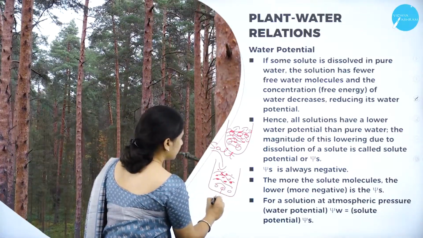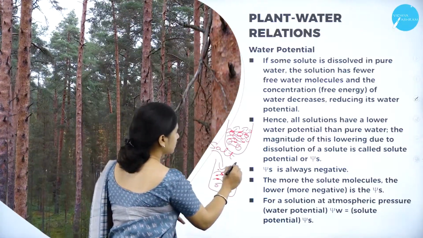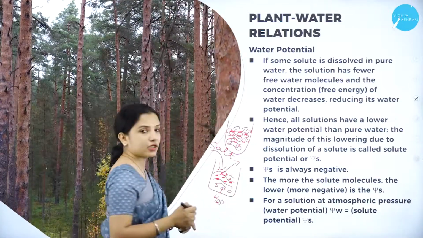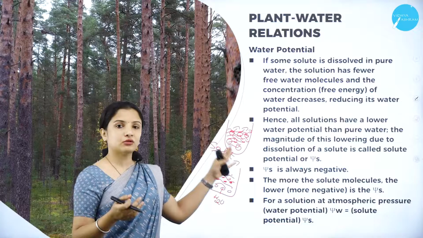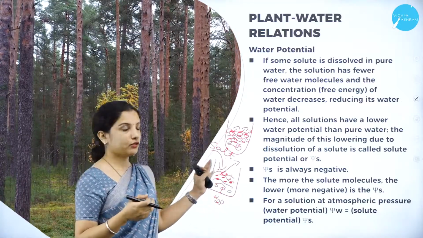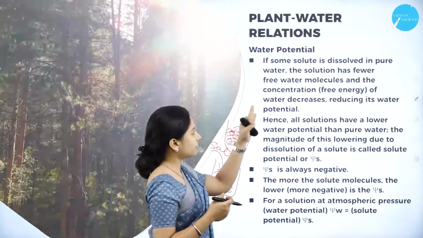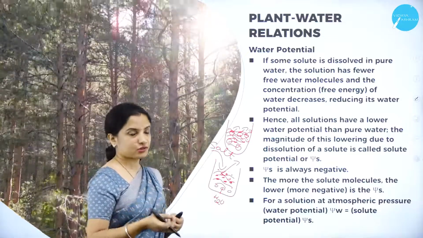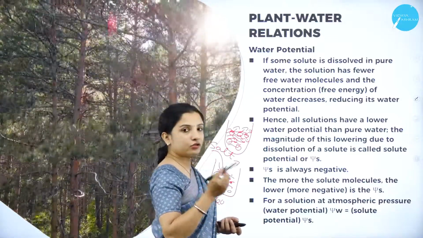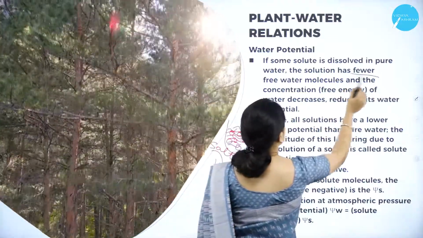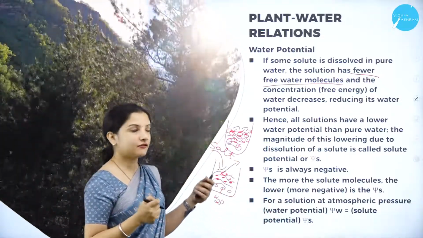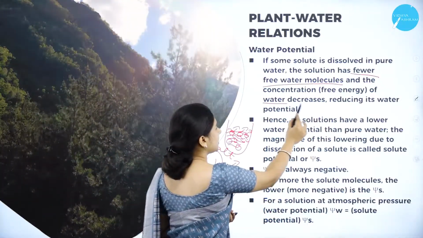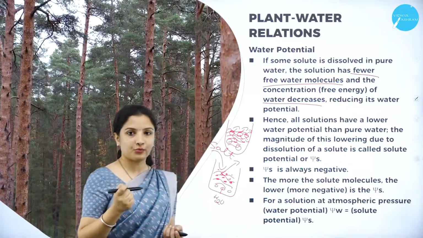So the water molecules become less, and the concentration of the salt molecules becomes more. Therefore, if some solute is dissolved in pure water, the solution will have very few water molecules and the concentration, that is the free energy of water, decreases, reducing its water potential.